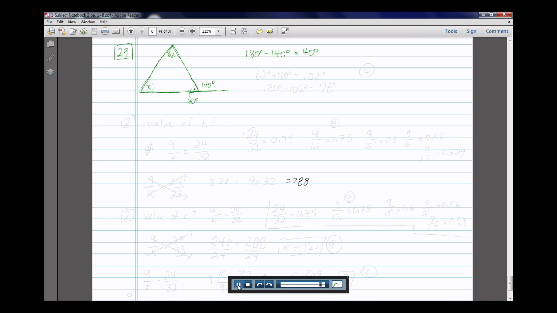And 62 was already done, so 62 degrees plus 40 degrees, you add that up, and you get 102 degrees. And the total of all these three is 180. So you take 180 degrees and take off the 102 degrees, and what's left over is 78 degrees, the answer for X. And that is C.